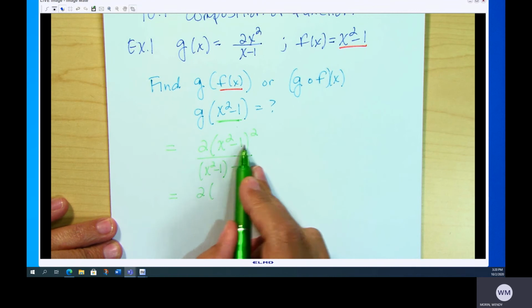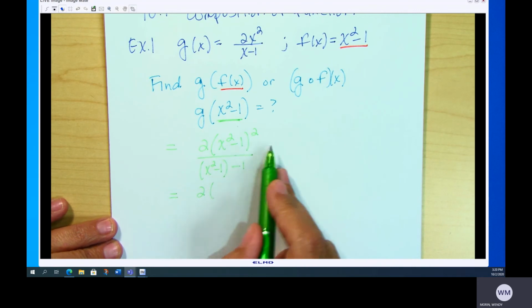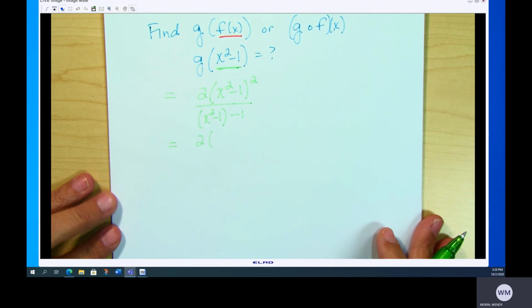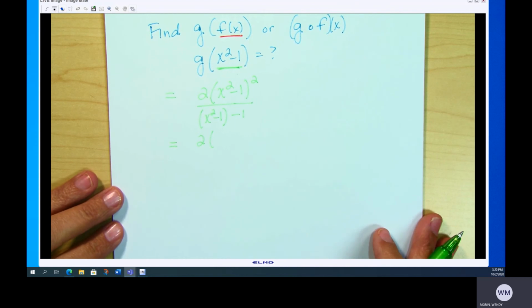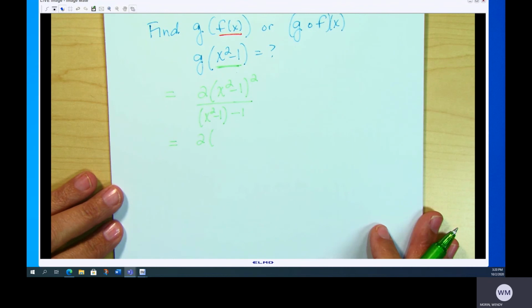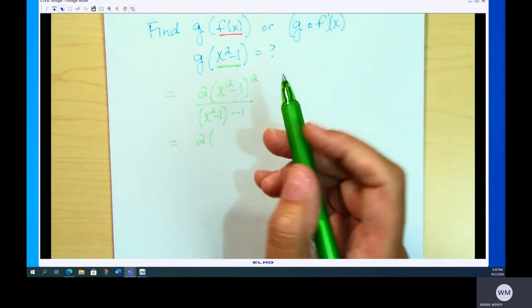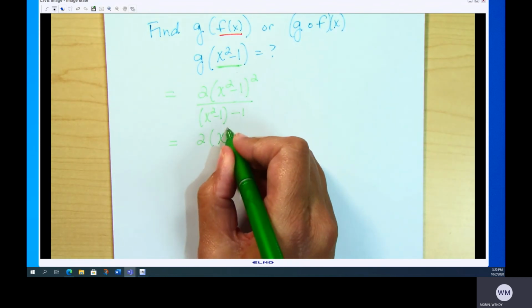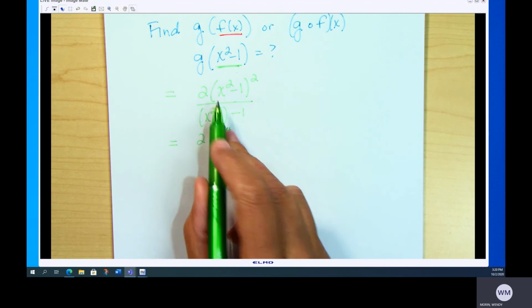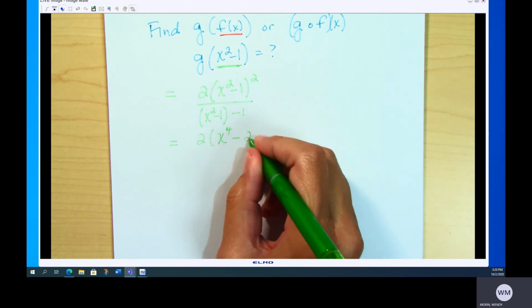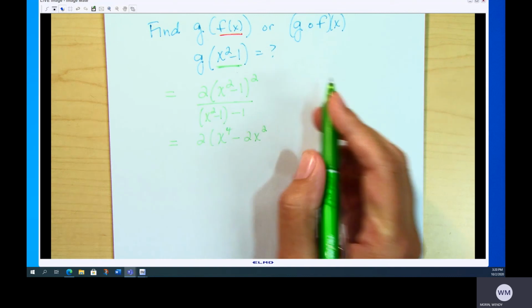To square a binomial, you have to FOIL the two binomials together, or you can remember how to square a binomial using the binomial square theorem or Pascal's triangle, which is what I would do. It's going to save you time if you know this in the future. So to square a binomial, it's the first term squared, the first term times the second term times 2, and then the second one squared.